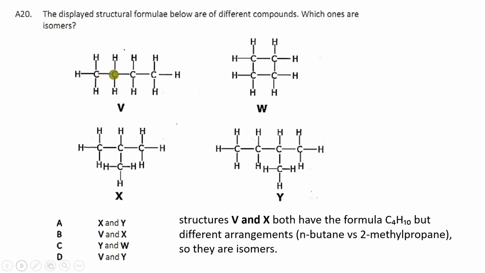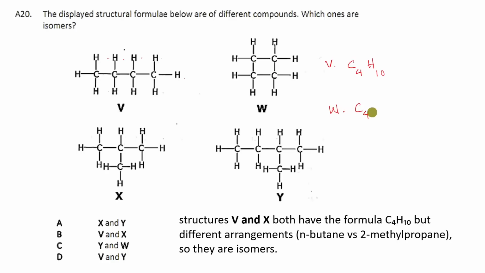This one will start with V. How many carbon? 1, 2, 3, 4. 4 carbon. Then, how many hydrogen? 1, 2, 3, 4, 5, 6, 7, 8, 9, 10. So hydrogen 10. Then we go to W. Carbon, how many? 1, 2, 3, 4.